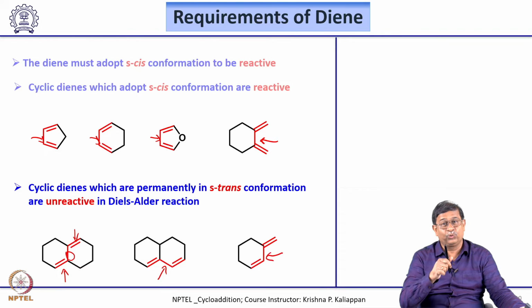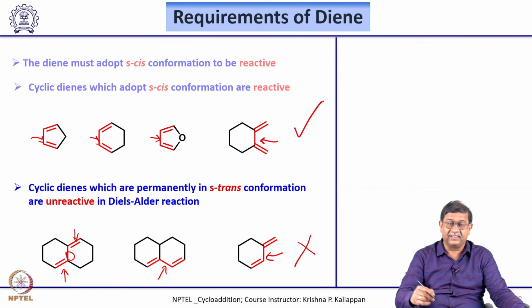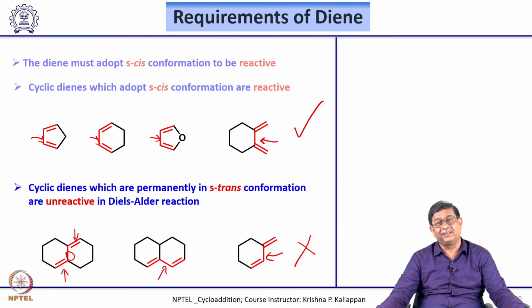But unlike open chain dienes, here this C-C bond rotation is not possible. When the C-C bond rotation is not possible, the s-trans cannot come to s-cis. Then obviously these dienes cannot undergo Diels-Alder reaction. These 3 cannot undergo, whereas these 4 can undergo Diels-Alder reaction.